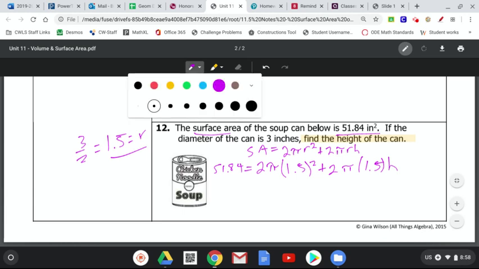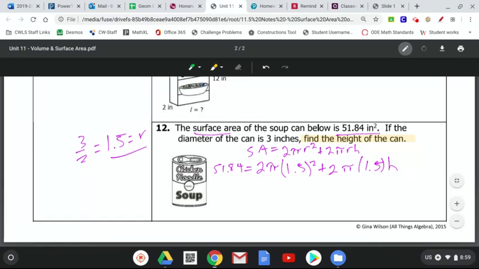So we're going to try and simplify the equation as much as we can before we have to do algebra. So we leave the 51.84 on that side, and then we simplify the other side. So we do 2 times pi times 1.5, which leaves us as 4.5 pi. And then we're adding, and then if we simplify this side down, it's going to be 3 pi times h.